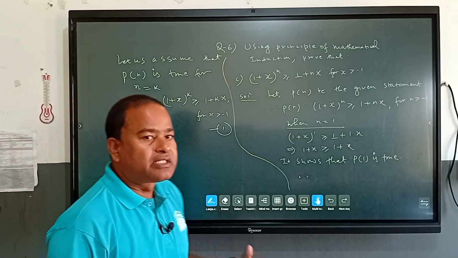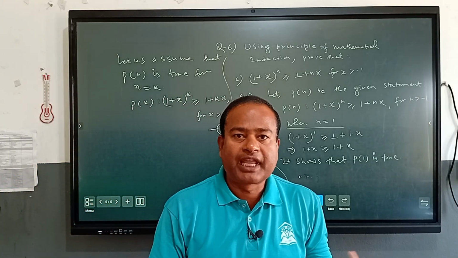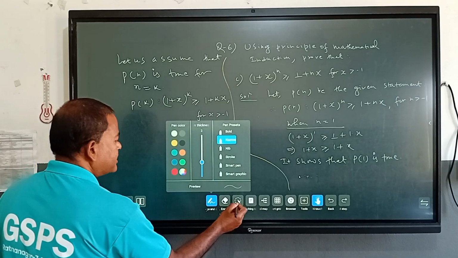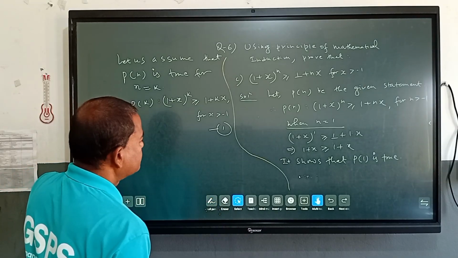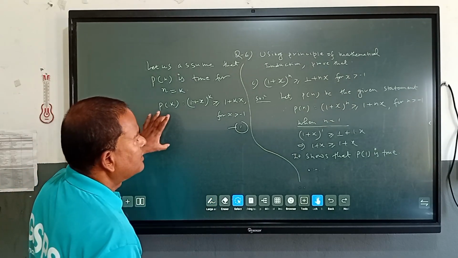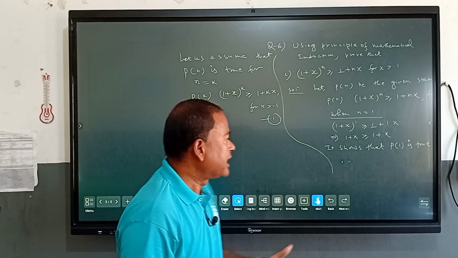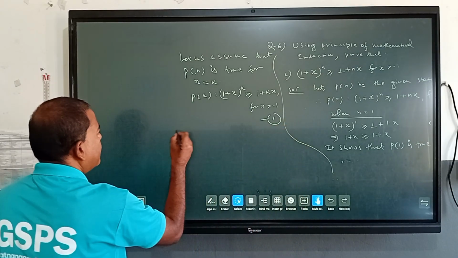Now by assuming that the given statement is true for n equals k, we are going to prove that it is true for n equals k plus 1. Now we are going to prove that the given statement is true for n equals k plus 1.